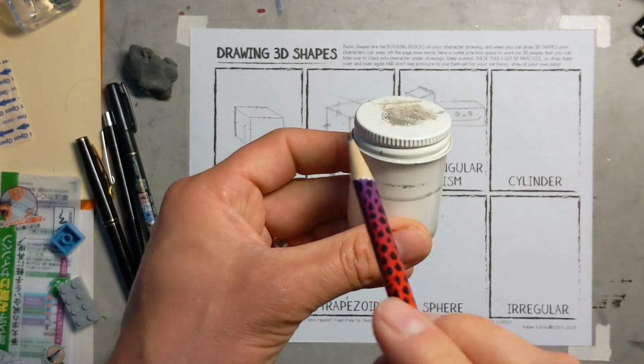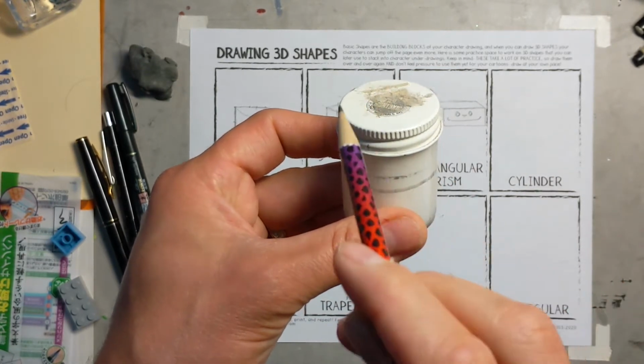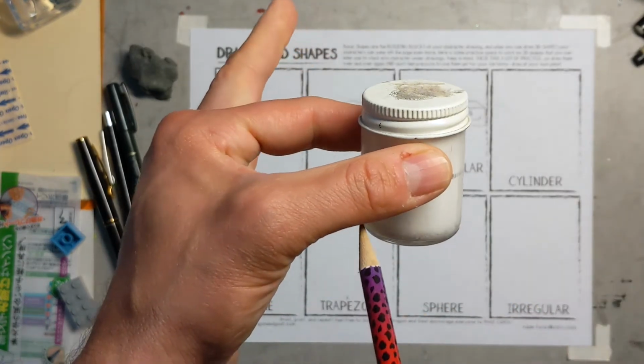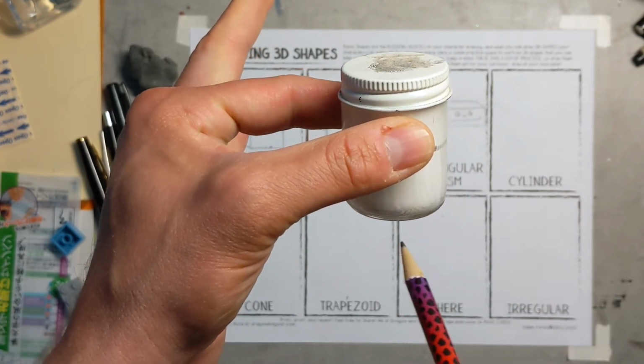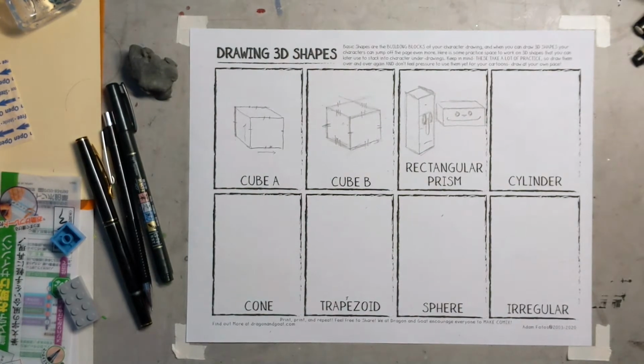Now with the cylinder, to make it look 3D, we're going to concentrate on the top first, and then we're going to extend the sides down and then do that bottom curve that we've got there. And it's actually not too bad as long as you think about the points that you're connecting as you're creating.